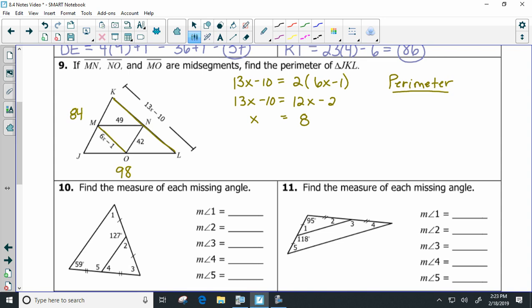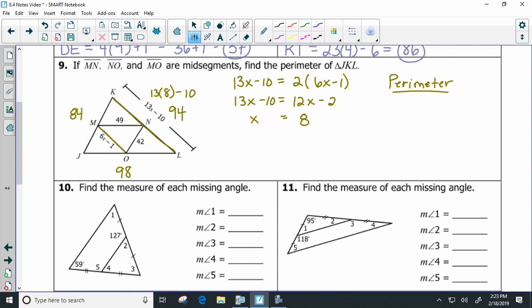Well, with that being said, I have to find KL. In order to find the perimeter, I'm going to need to find KL. So I'm going to take 13 times 8 minus 10. 13 times 8 is 104. 104 minus 10 is 94.